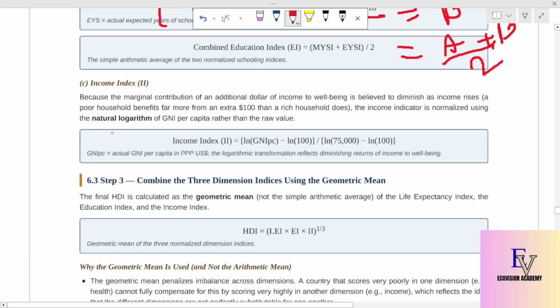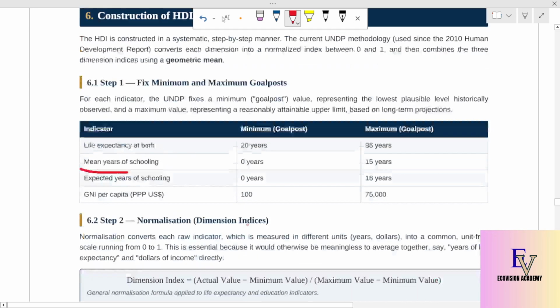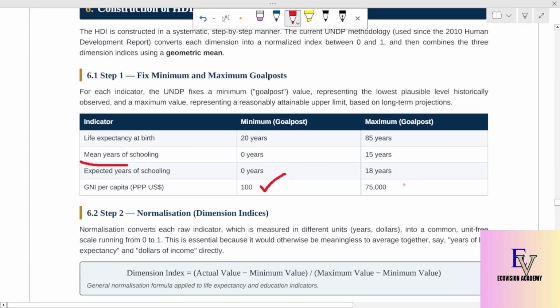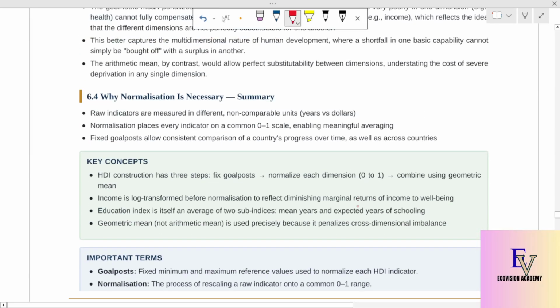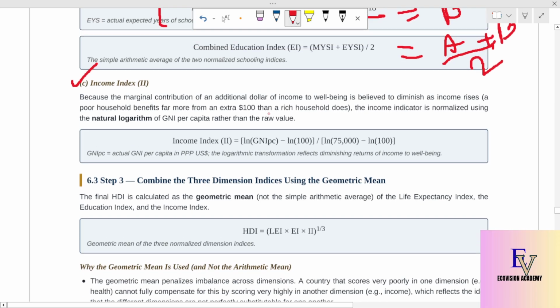Okay. And now finally the income index. Again for the income index, I will go for the actual value minus minimum value by maximum value minus minimum value. What is the minimum income? 100, and what is the maximum? 75,000. But whenever we consider income, we basically take a log. Why log?